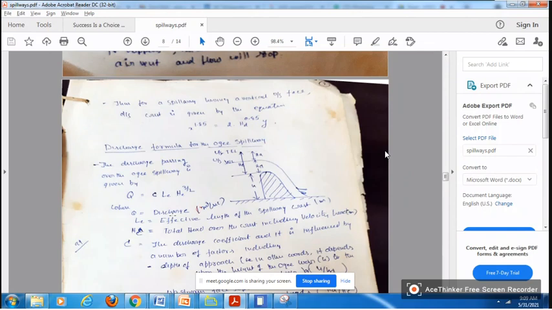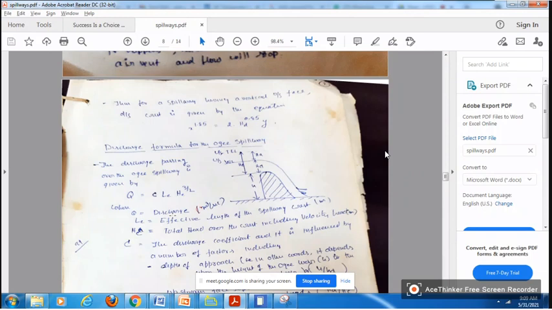Therefore, there is a formula to calculate the effective length. The clear length is 70 meters. The effective length, because of these losses, is less than 70 meters. That we will calculate. Hope you understand what the clear length and the effective length are, right?